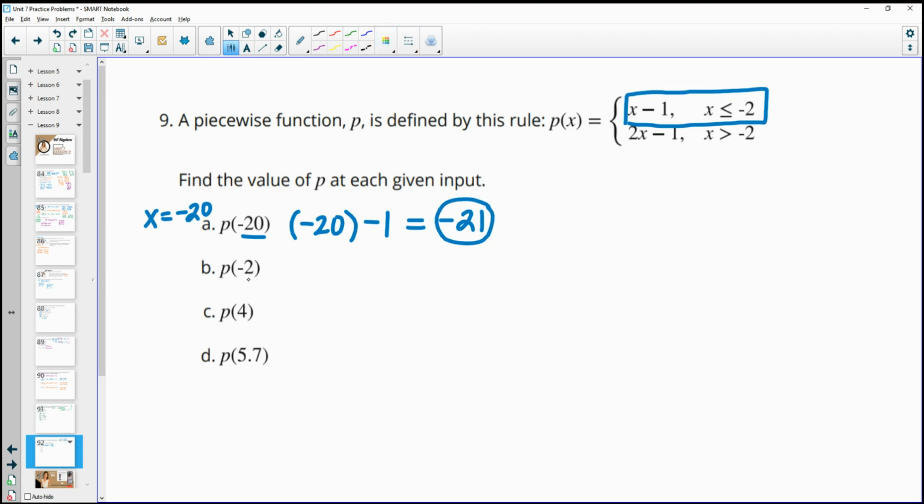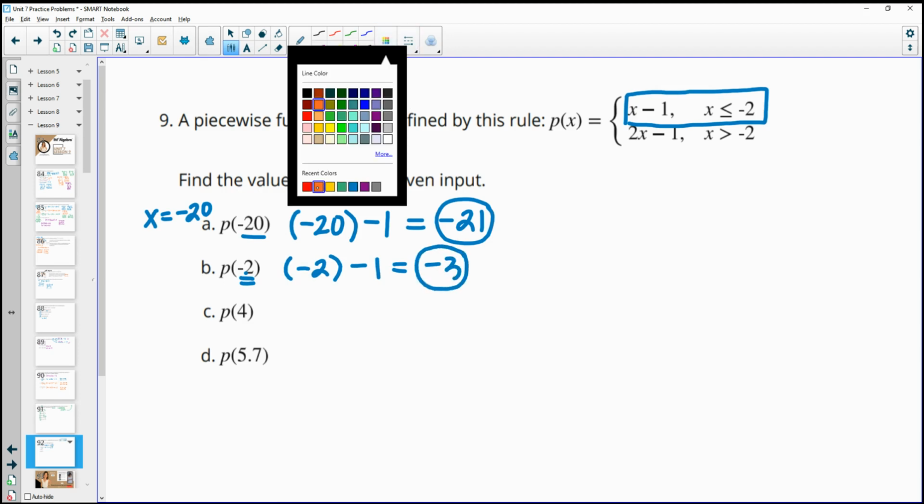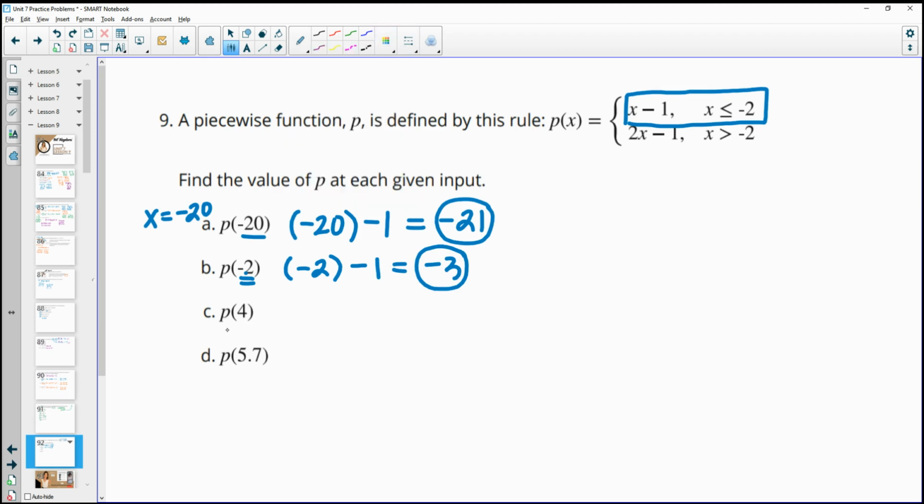Then for part B, we have -2, which again is less than or equal to -2. So this is going to be going in our top function. So our x is -2, minus 1 gives us -3. For part C, it tells us P of 4.